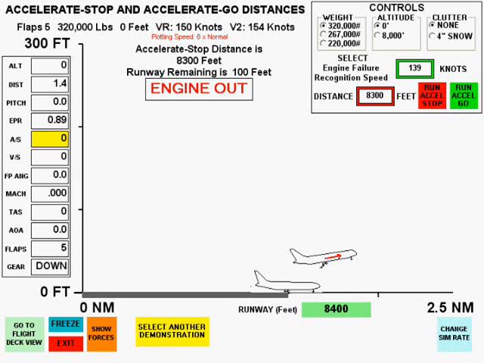Notice in this case we can stop, but we can't go. Now let's try an engine failure recognition speed of 149 knots.